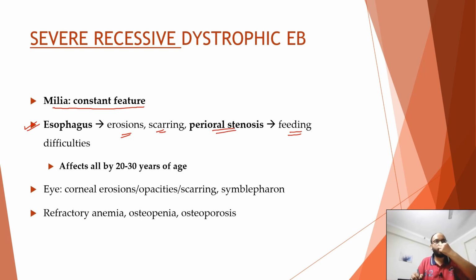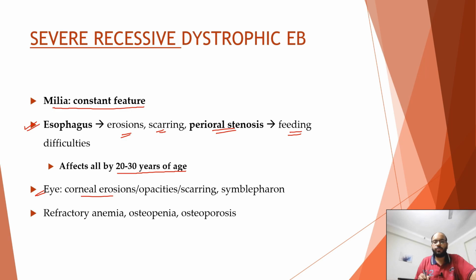You're not able to open the mouth and give food to the child because there is stenosis, or reduction in opening of the mouth, because of extensive scarring around the mouth. The esophagus can also have erosion and scarring similarly. So much so that by the age of 20 or 30 years, if the child succeeds in surviving till that age, nearly all are affected by esophageal scarring, perioral stenosis, and involvement of the esophagus and GI tract.